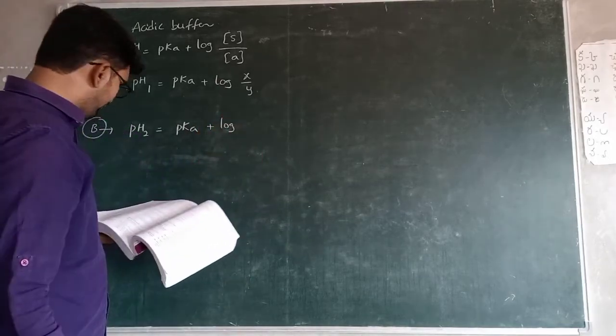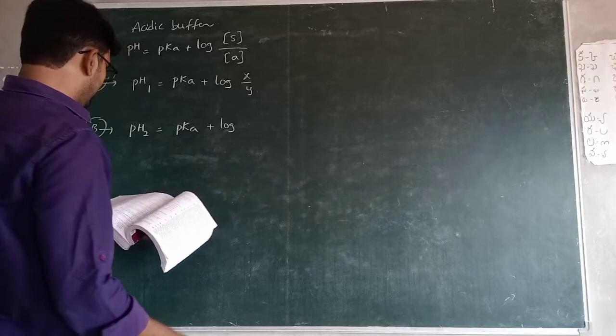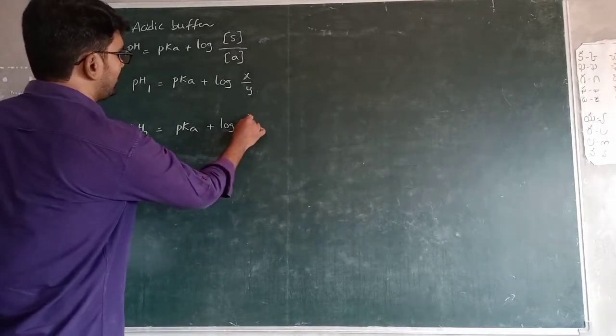Here concentration of salt by concentration of acid is Y is to X, means Y by X.